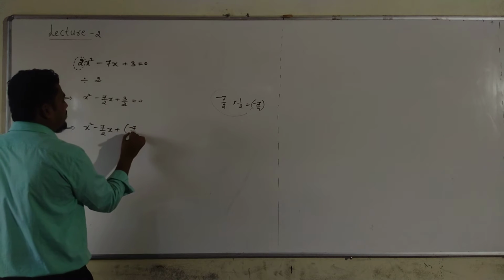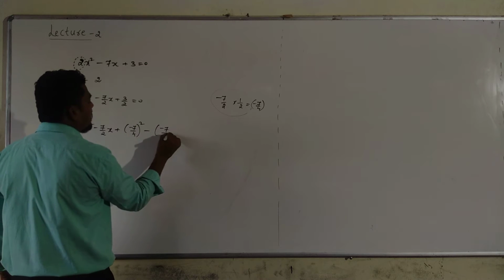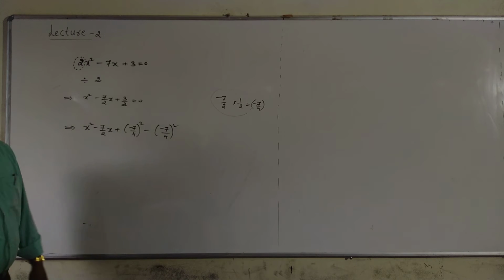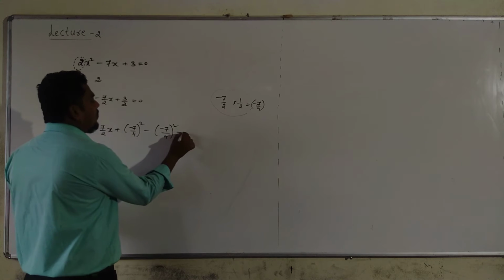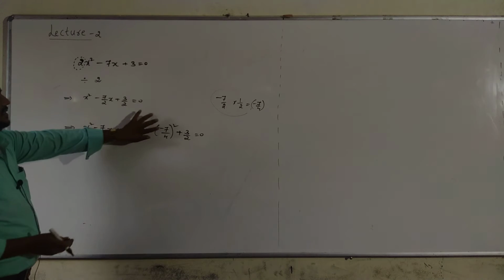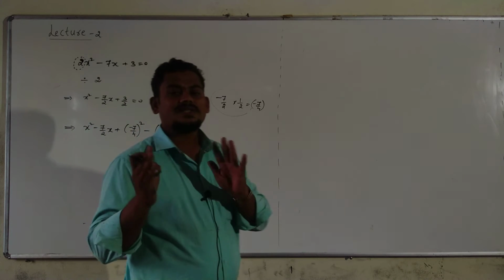Minus 7 divided by 4 whole square minus 7 divided by 4 whole square. See, it is just an adjustment term to make a perfect square. Plus 3 divided by 2 remains as it is, that's equal to 0. First step, make the coefficient of x square as 1.